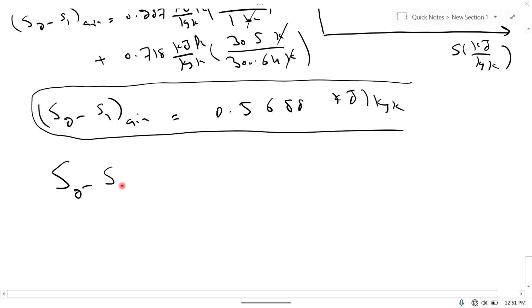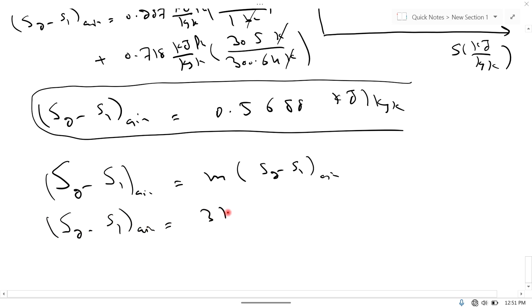So total entropy change for air is equal to mass multiplied by S2 minus S1 per air. So total entropy change is equal to, mass is 3 kilogram, and this is 0.5688 kilojoule per kilogram per Kelvin. Kilogram will be cancelled with kilogram.